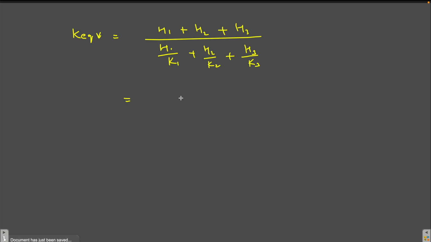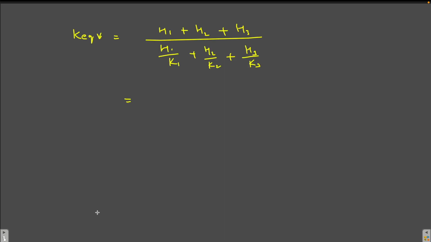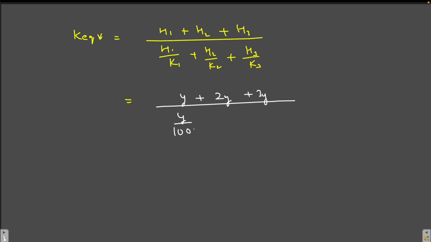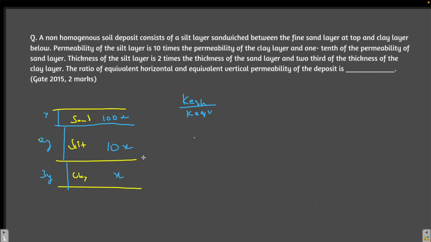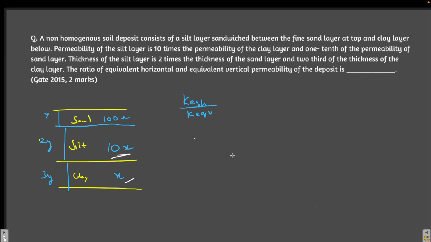H1 plus H2 plus H3 is y plus 2y plus 3y. These are the heights. Then y by, what is K1? K1 is 100x, right? So y by 100x plus 2y by, what is the permeability for the silt layer? It is 10x. So 10x now plus 3y by x. Yes, clay is x.